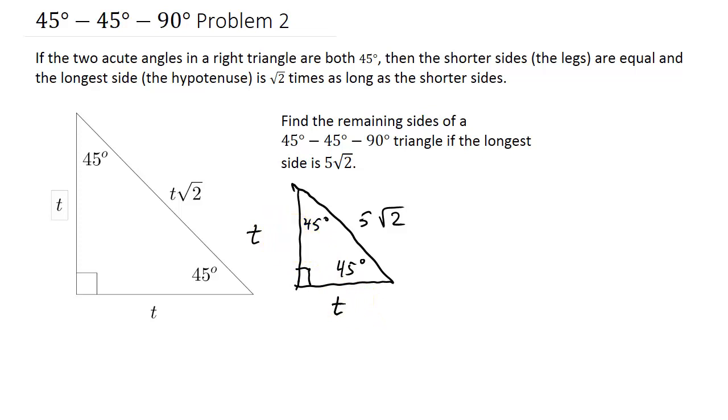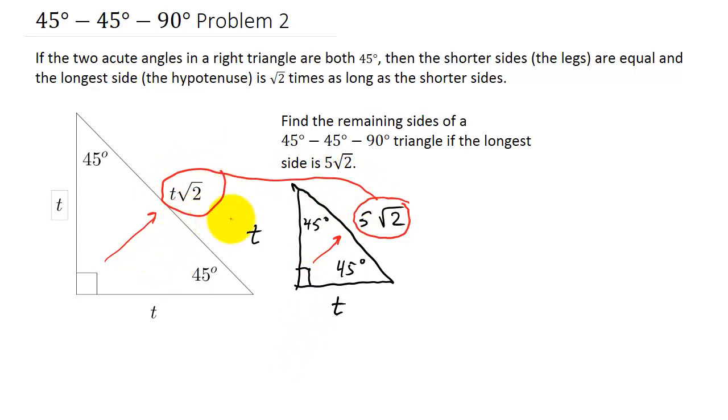So let's see what it gives us here. It tells us that the longest side is 5 square roots of 2. That's the side opposite the 90-degree angle. Well, what is that side? It's T times the square root of 2. So that's telling us that this 5 square root of 2, opposite the 90, is equal to T square root of 2.